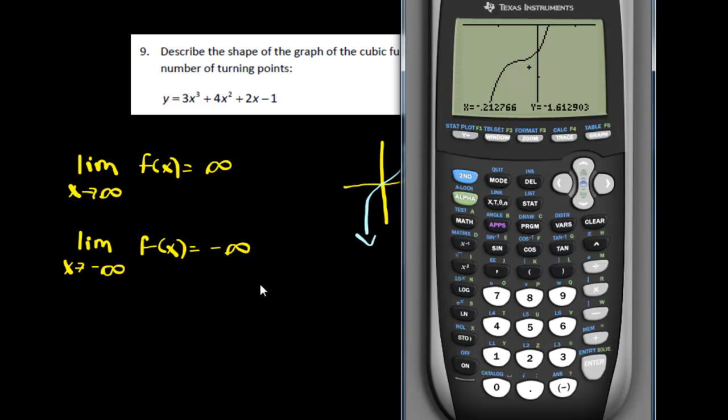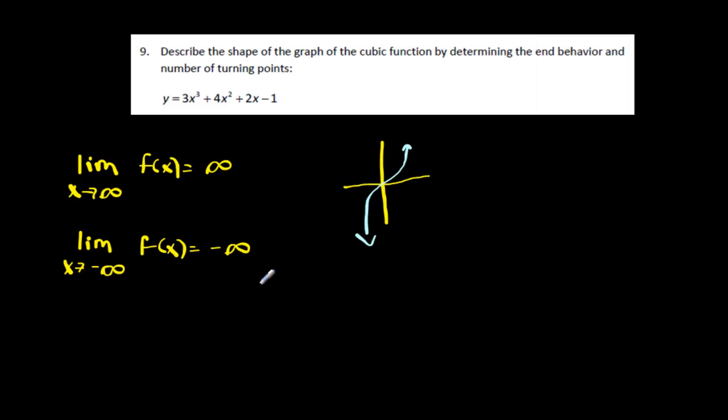Well, it doesn't look like it to me, because it doesn't look like you're ever going downhill. It doesn't look like you're changing directions. You're going up, up, up. It kind of flattens out, but you're still going up. And then up, up, up again. So you're not actually turning anywhere. So this one is not going to have any turning points.